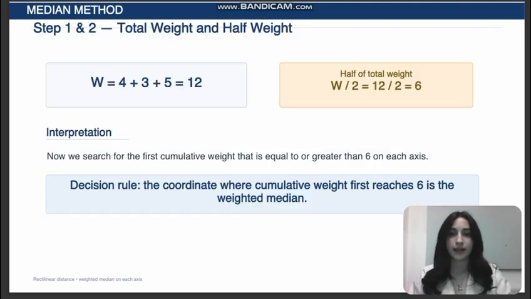This is our total weight. We have to find half of this weight, which is 6. The rule is that the coordinate where the cumulative weight first reaches 6 is the weighted median, and it will give us the optimal location.